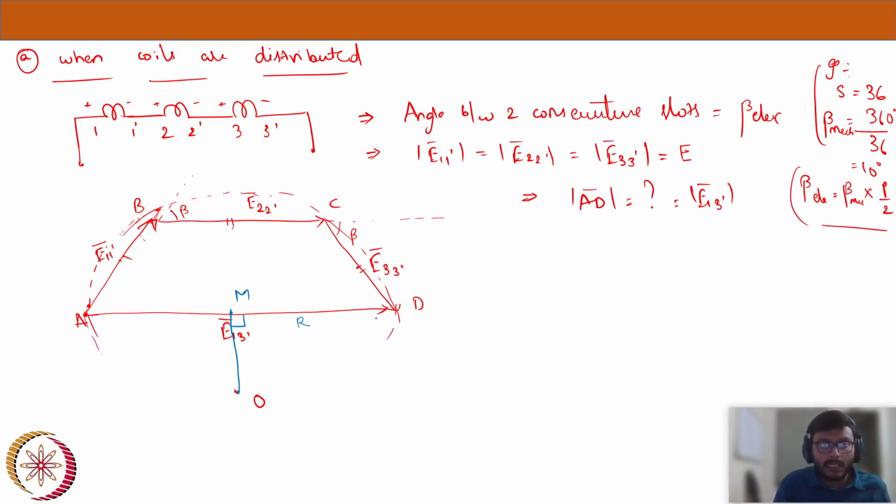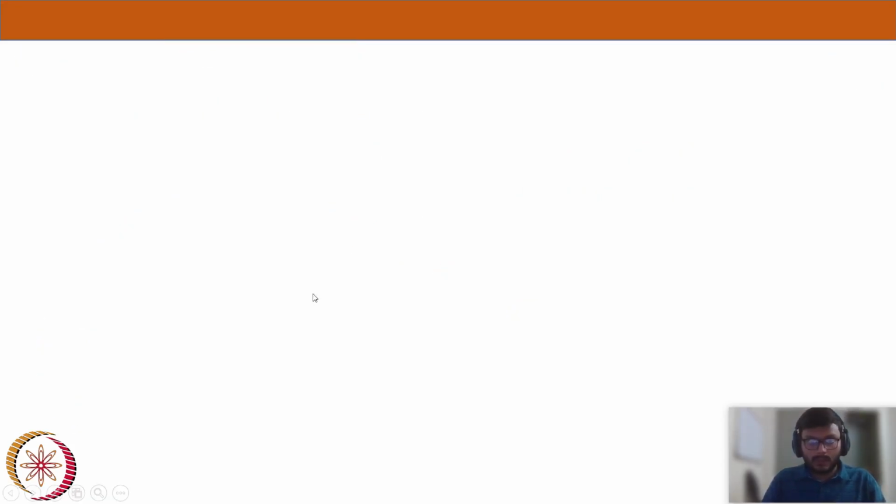If you see AD is a radius R, right? So sorry, AD is not radius. Okay, sorry.